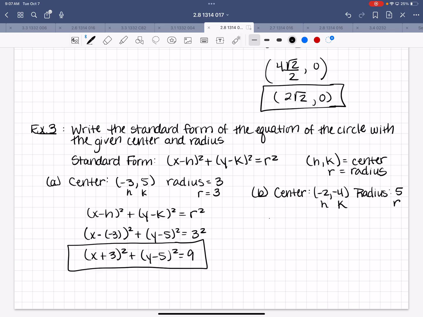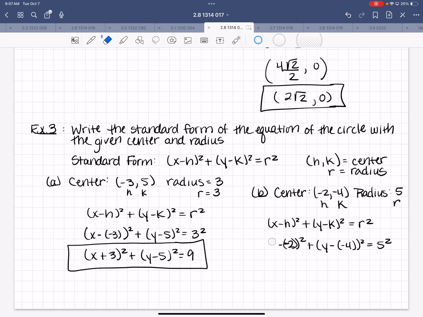I'm going to plug it into x minus h squared plus y minus k squared equals r squared. That gives me x minus -2 squared, I should put parentheses around there so you can see it, plus y minus -4 squared equals 5 squared.